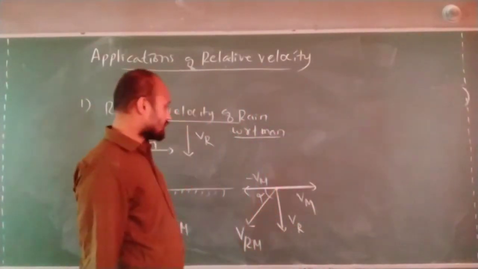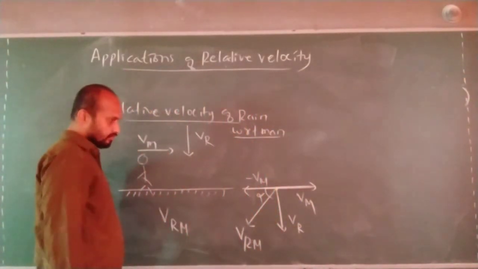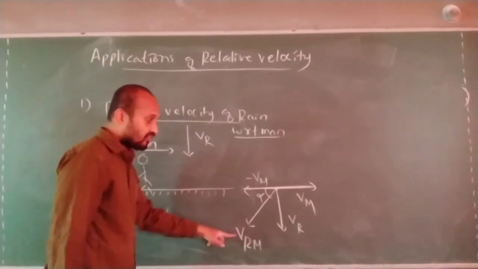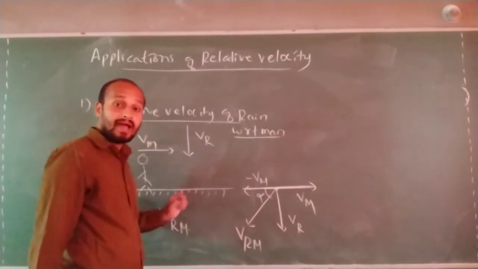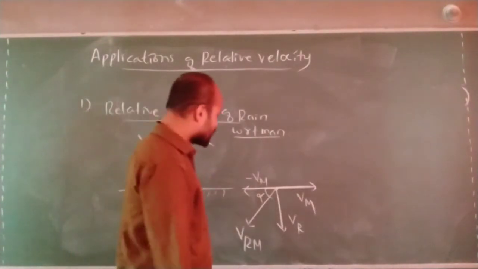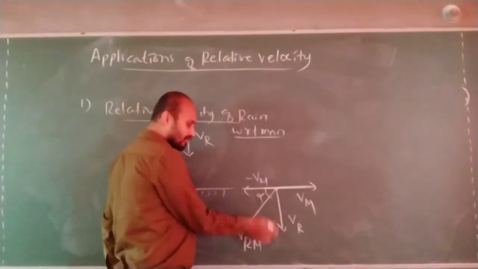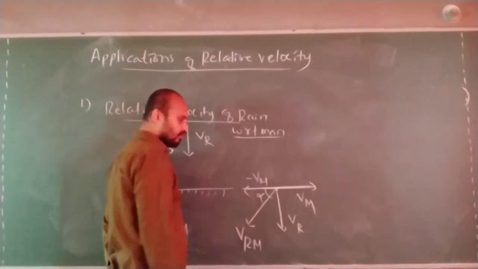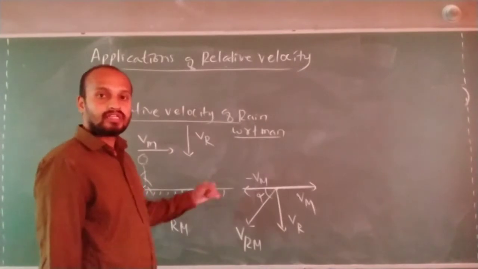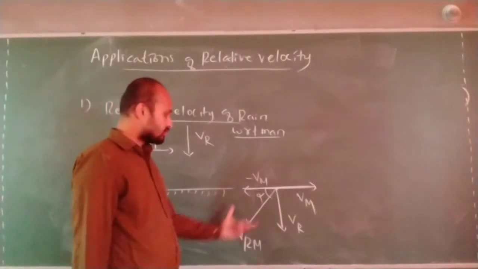Correct now? Are you understanding? So, this is the velocity of rain with respect to man. How to find the magnitude of these two values? I will find the magnitude of these two values.